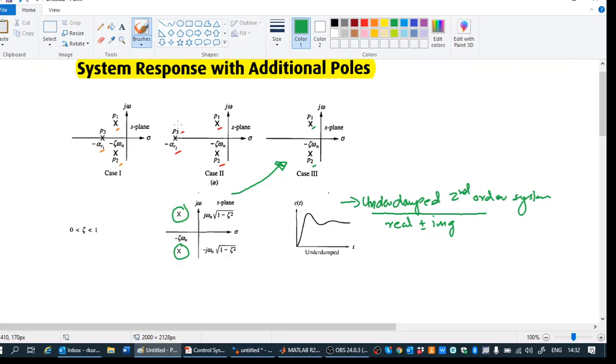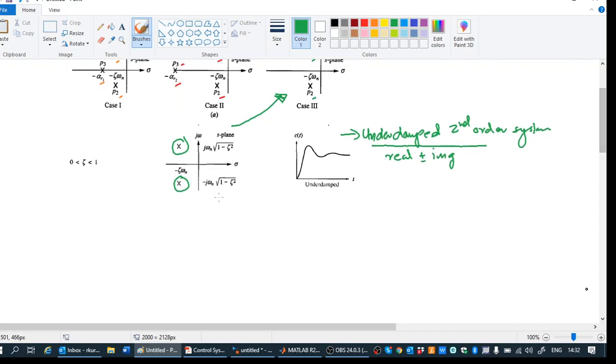So when you have a system with three poles like case 1 and case 2, it's important to note whether these systems can function as a second order system. If they cannot function as a second order system, then we have no choice but to treat it as a third order or a fourth order system. So what we're going to do next is look at if we can generalize.